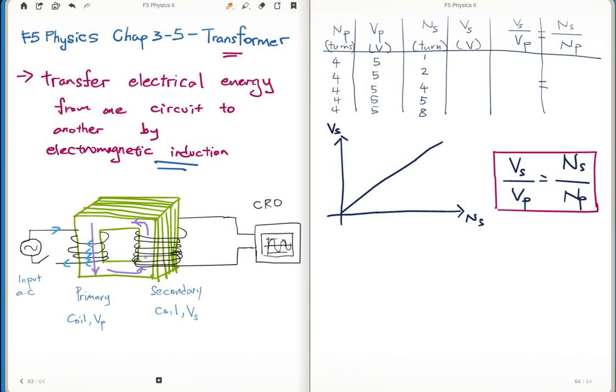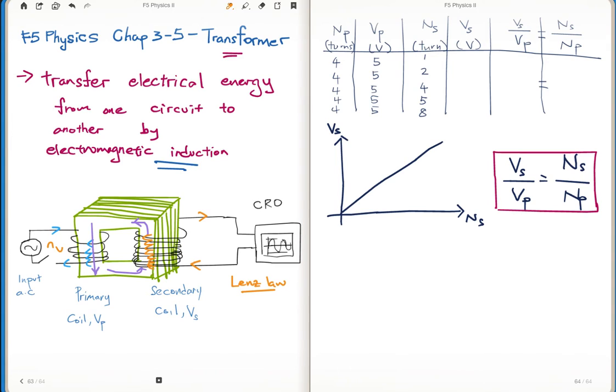So therefore, north downwards, then the current would flow in this direction. So out from here to oppose it, the Lenz's law. First half cycle.